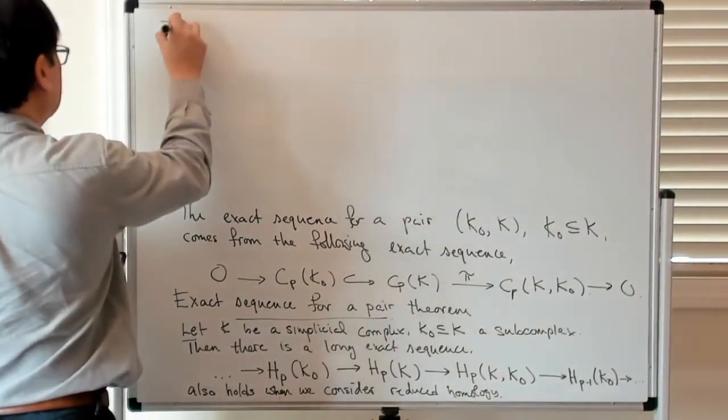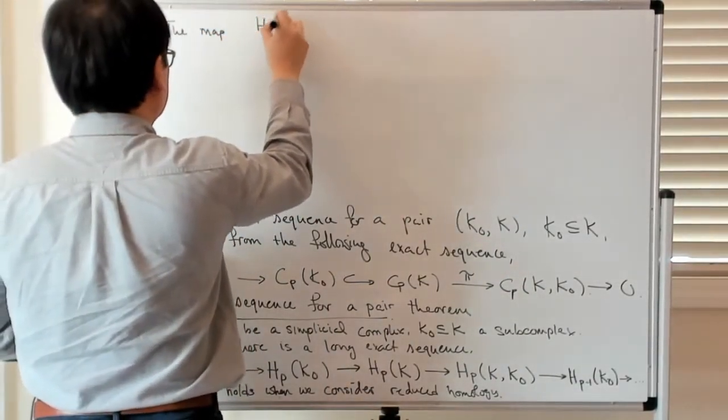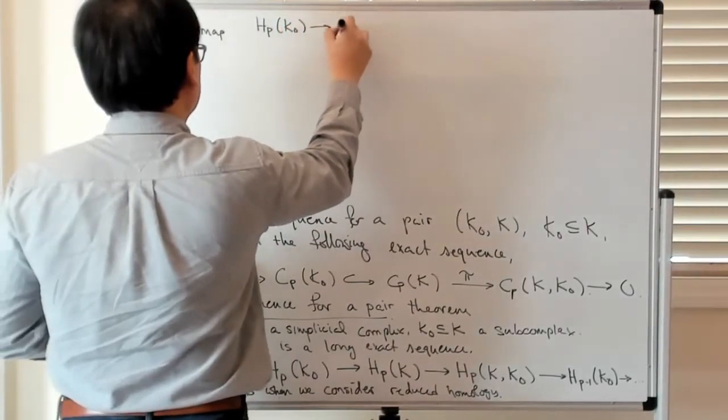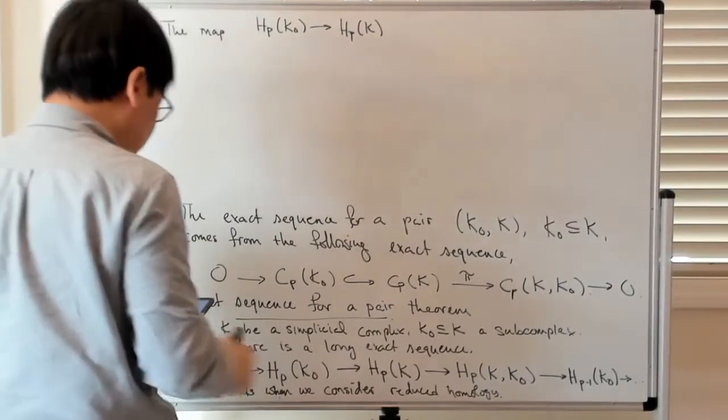Okay? All right, so the map H_p(K0) to H_p(K), as I said, is induced by this inclusion map.